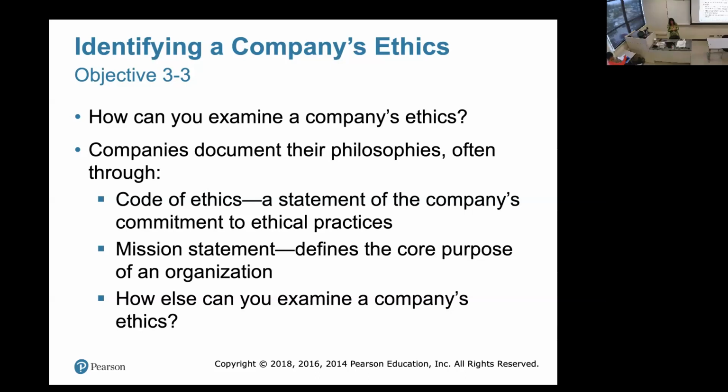So you can look at their code of ethics. Most companies have a statement of the company's commitment to ethical practices. Mission statements define the core purpose of an organization. When you go on a company's website, you can look up their mission statement. What is their mission? Why do they exist?